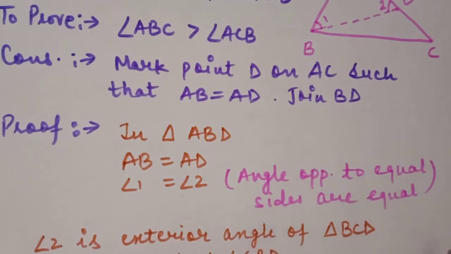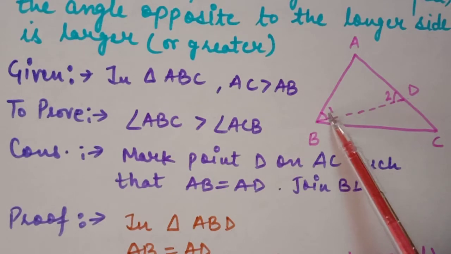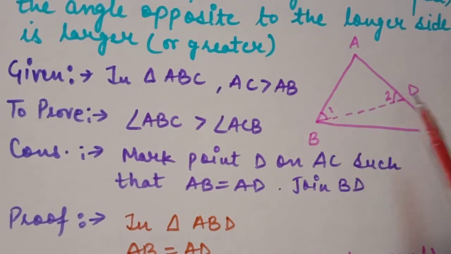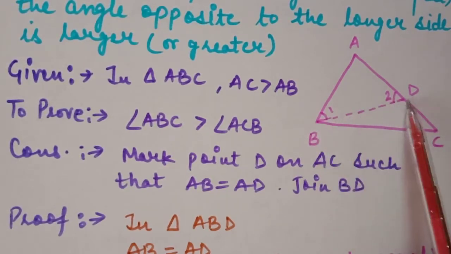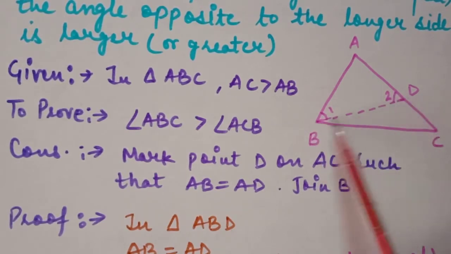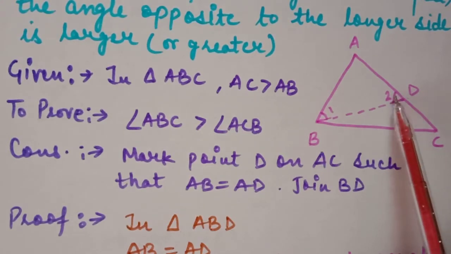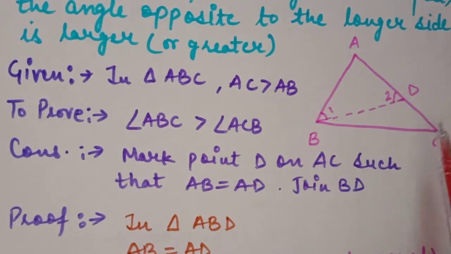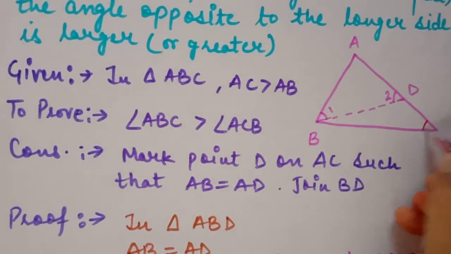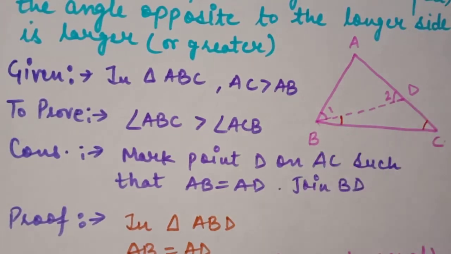So students, now in this figure we have one relation, that angle 1 and angle 2 are equal to each other. In triangle BCD, angle 2 is the exterior angle, and the exterior angle is equal to the sum of the interior opposite angles. So definitely angle 2 is equal to the sum of angle C and angle CBD because of the exterior angle property.